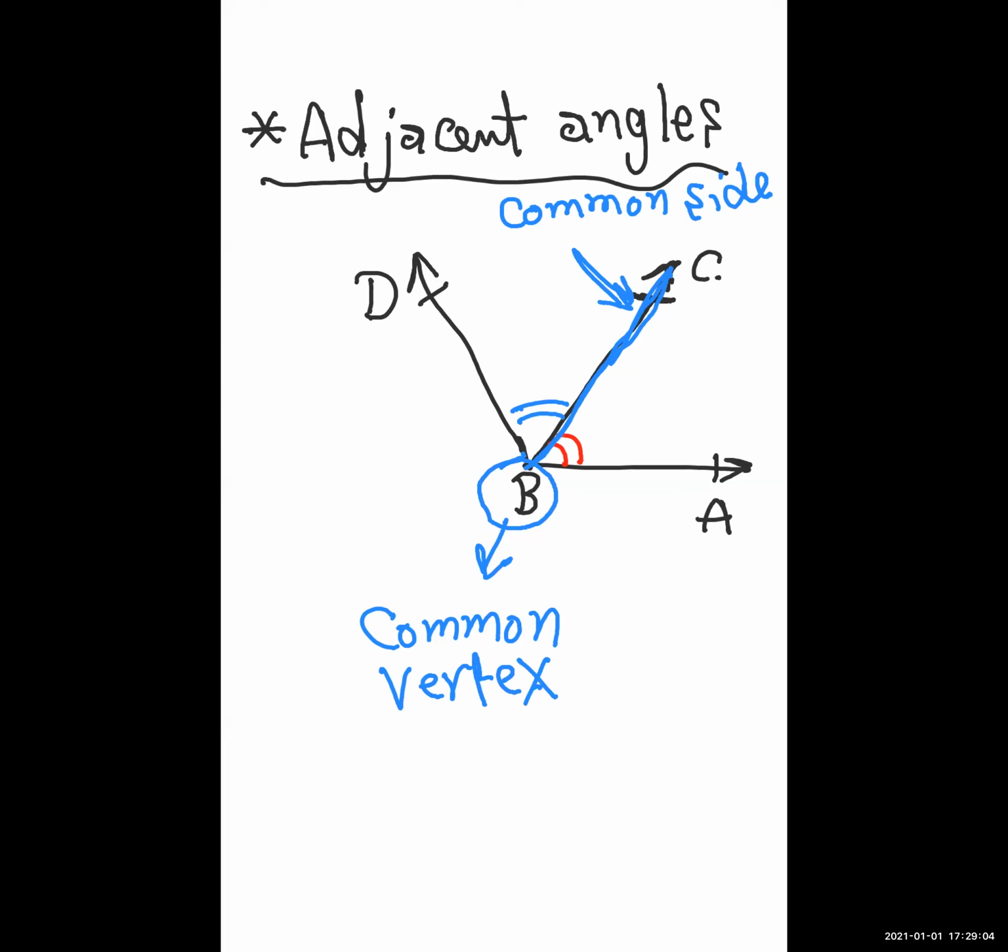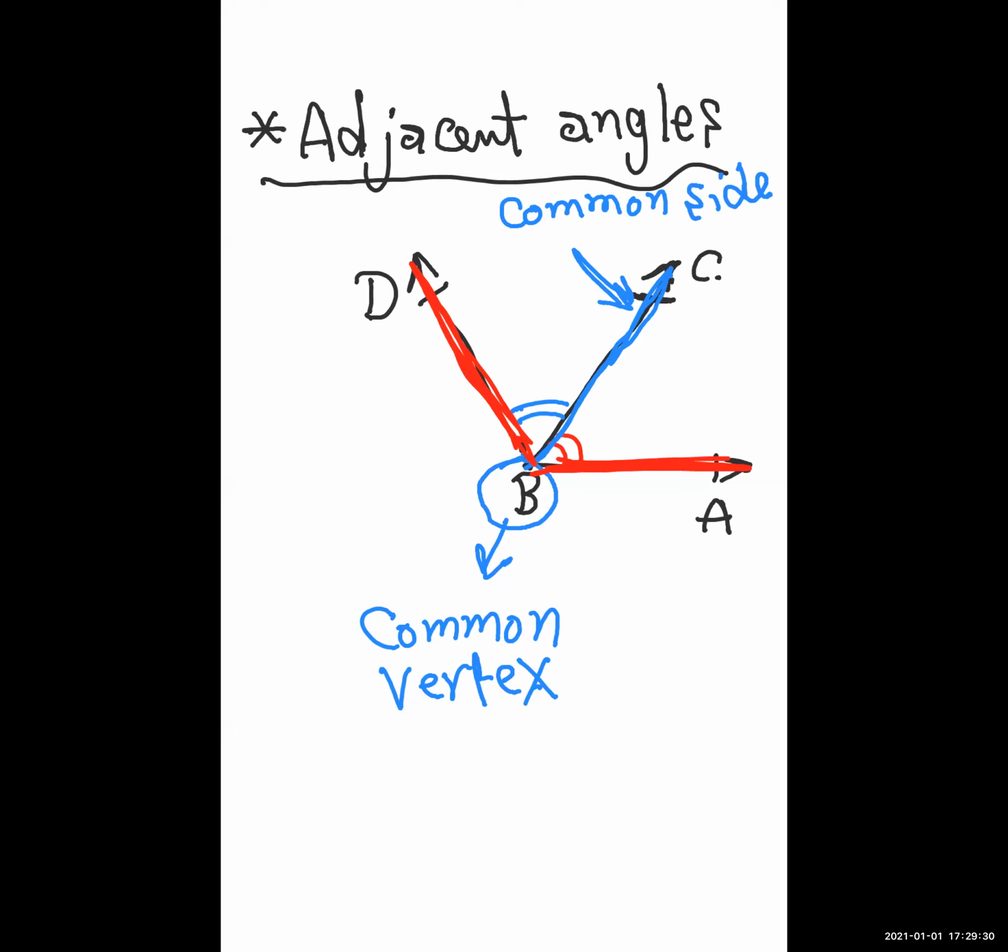And the other sides or the outer sides for the angles, the opposite sides of the common side. So where is the other side of the first angle? It will be this one, I mean this red one. And the other side for the second angle, it will be this one. Okay, so they are on opposite sides of the common side.